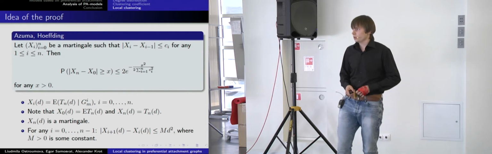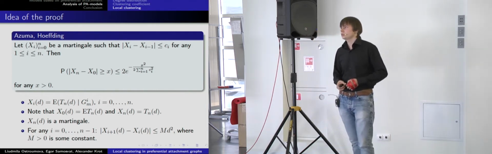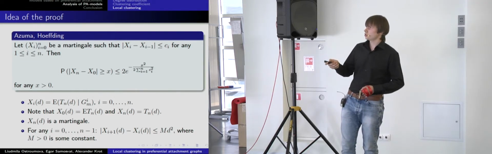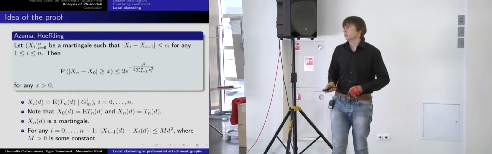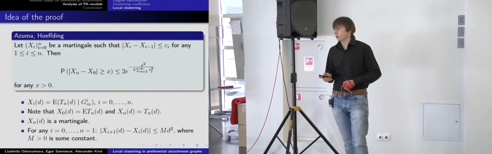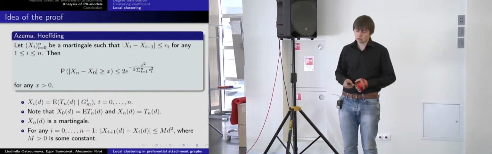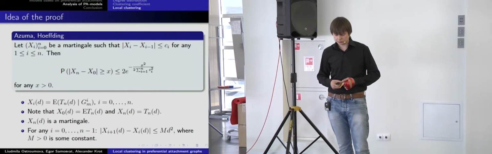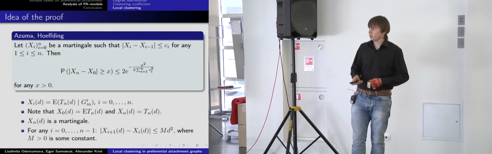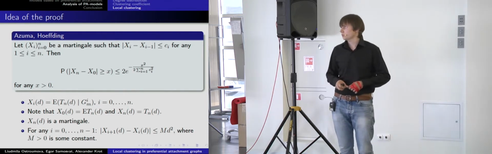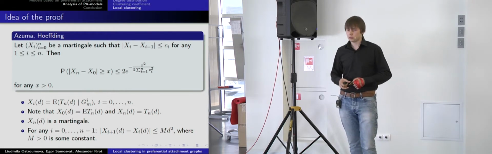We define X_i(d) as such an expectation, and note that X_0(d) is the expectation of the number of triangles on the vertices of degree d, and X_n(d) is the number of triangles on the vertices of degree d.